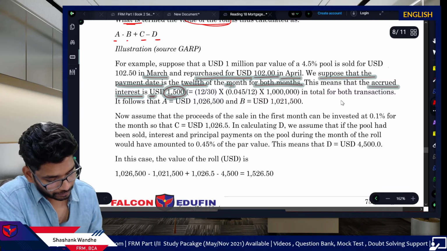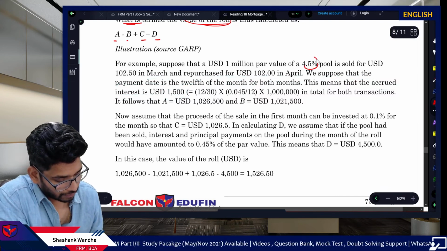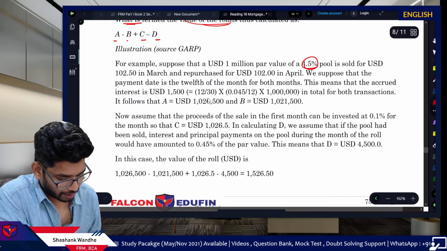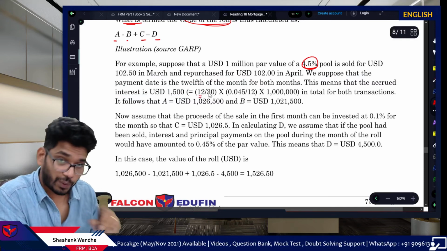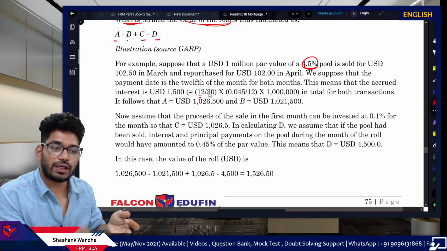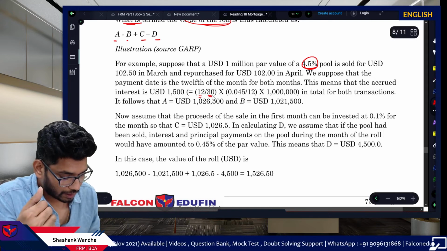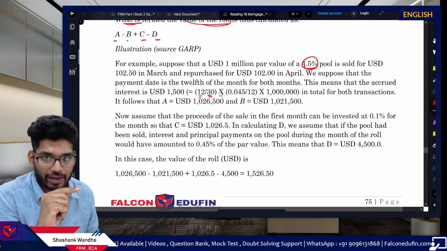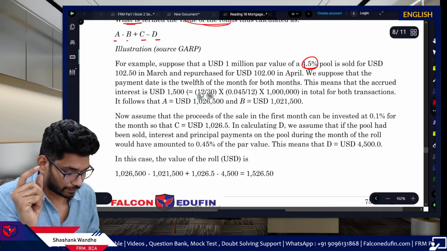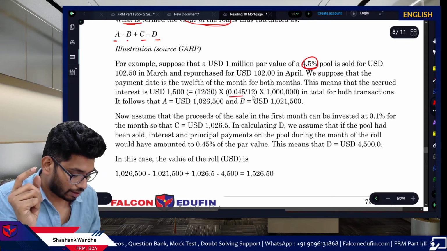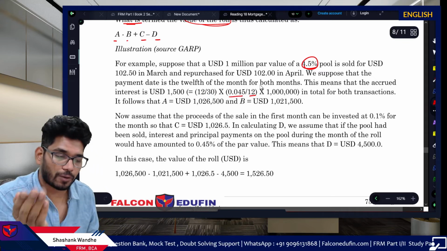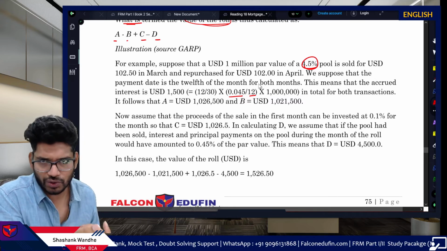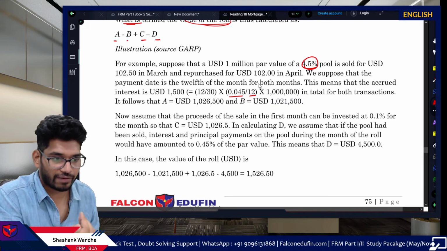Remember, 4.5% is the general interest rate assumed. 12 days of accrual, right? Divided by 30, so 12 divided by 30. Then your interest rate divided by 12, 4.5% divided by 12, that is 0.045 divided by 12.